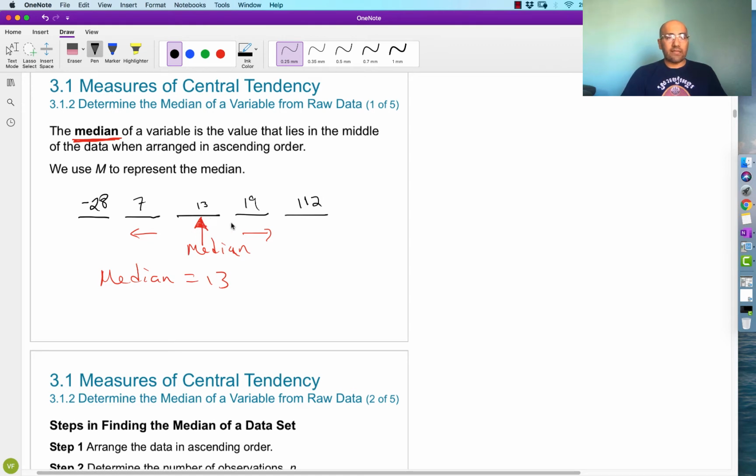What does affect it is if we add another number, because then this will no longer be the one right in the middle, right? So if now, for example, we come back and we, let me see.